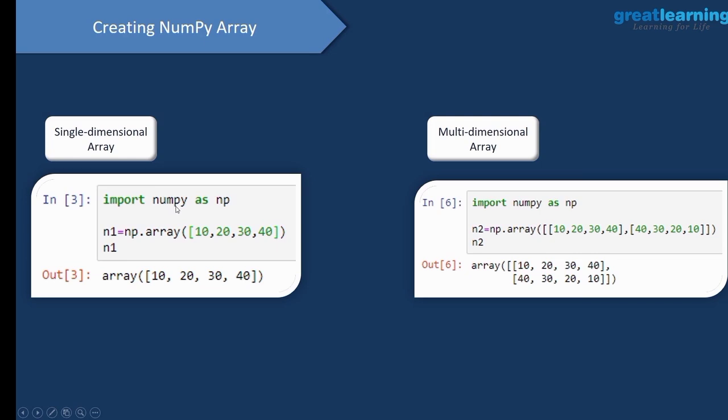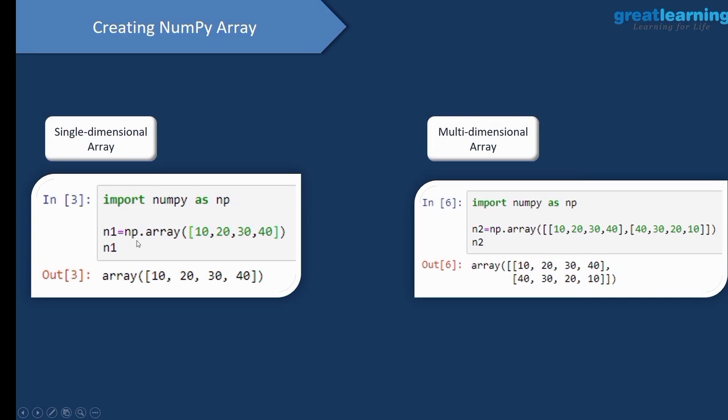Now, so that we can work with these libraries very easily, we give it an alias, and by convention, Numpy is given an alias of np. So whenever we have to invoke Numpy, we can just type in np and work with the multi-dimensional arrays and methods.